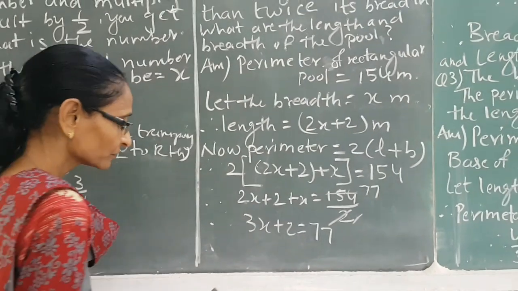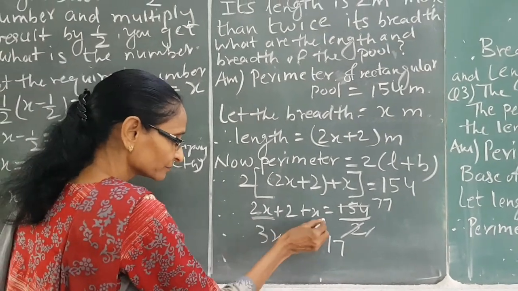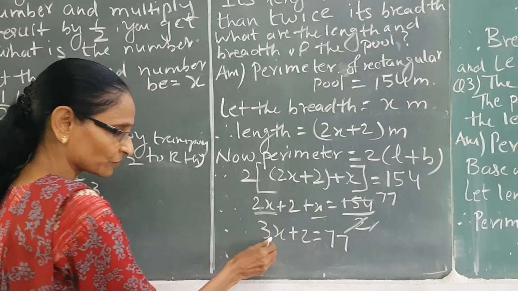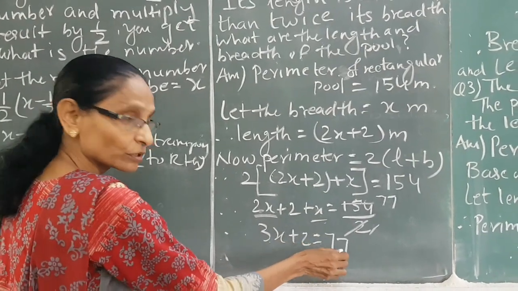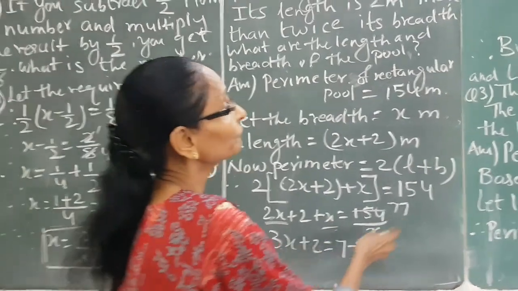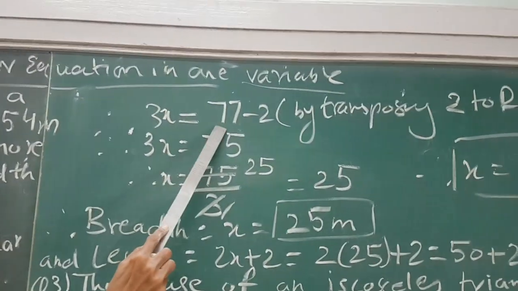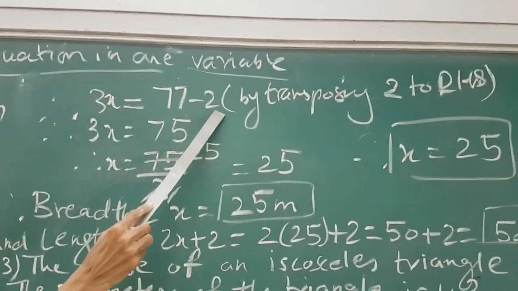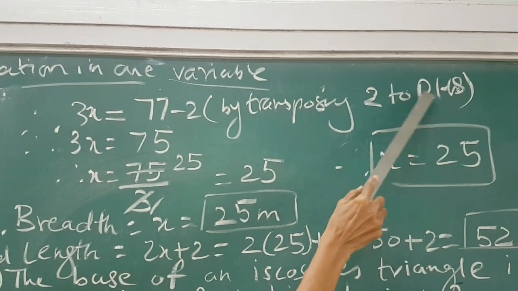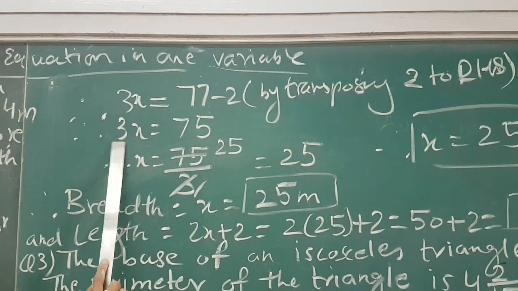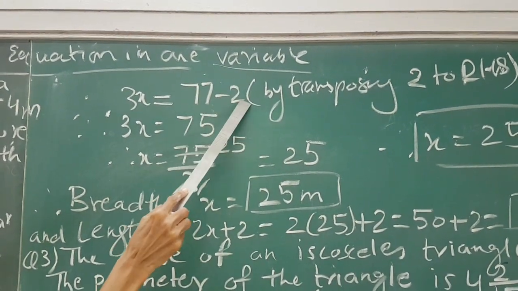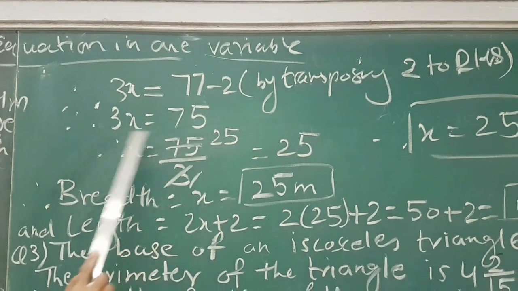Now these two are like terms, so we will add: 2x plus x will be 3x, plus 2 is equal to 77. Therefore 3x is equal to 77 minus 2, by transposing 2 to the RHS, which is 75.